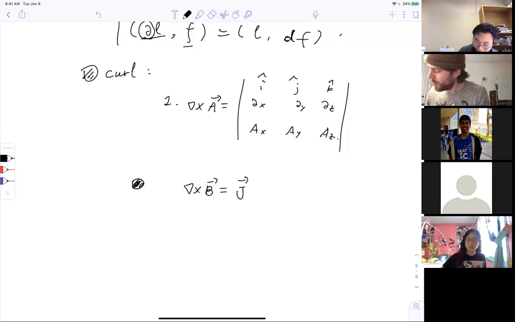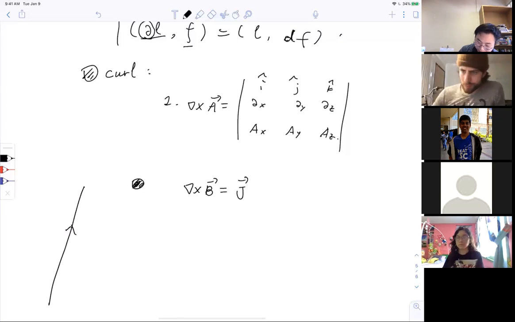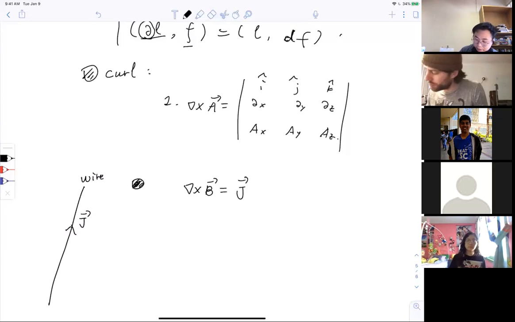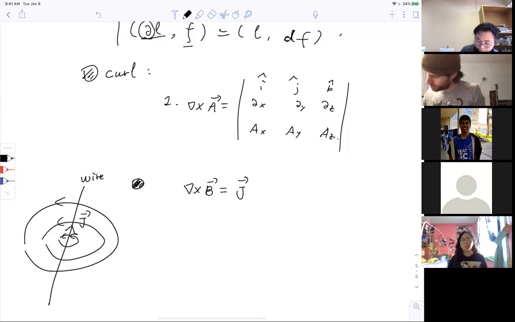So basically, if you have a wire, let's say, and there's a current through this wire, then the magnetic field looks like this. It's circulating around this wire, right? If you Google the magnetic field due to a wire, there must be a picture like this.